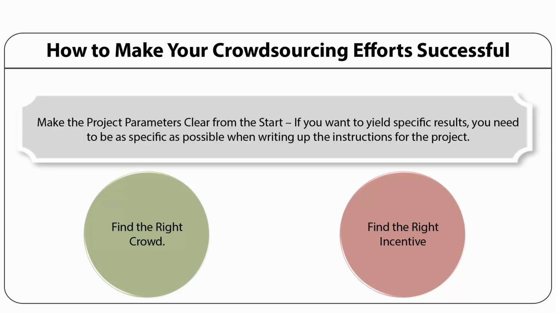The second point, we are approaching the right crowd. And third, we have the right incentives for the people who will be working for our project. So the right incentive, the right crowd and the right requirements are the most important aspects to make our crowdsourcing project a success.